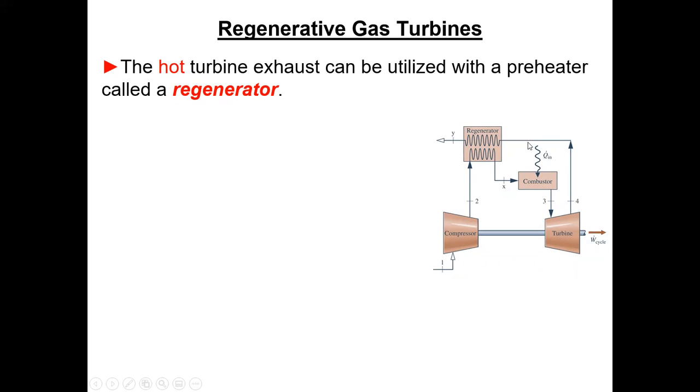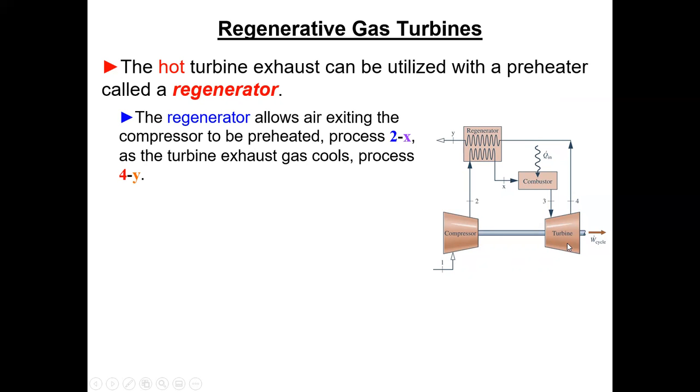The hot gases from the turbine exit go through and get cooled down from 4 to Y. And we've got pretty warm gas coming out of the compressor. It heats up when you compress it, but not nearly as hot compared to this temperature. So we take that gas out of the compressor at 2 and heat it up some to X, and then X goes into the combustor. That's going to reduce the amount of fuel that we have to burn in order to make this thing operate.